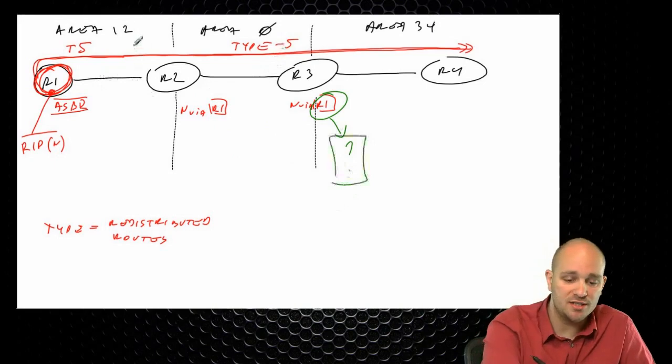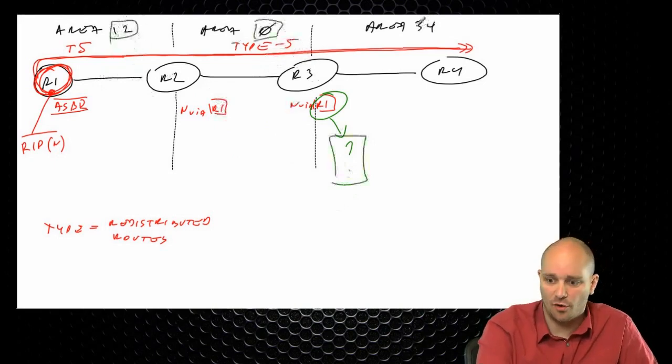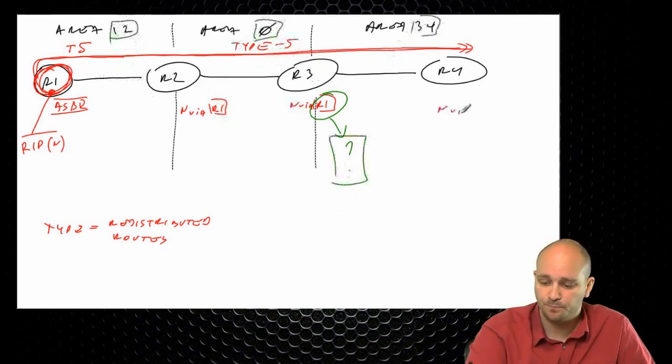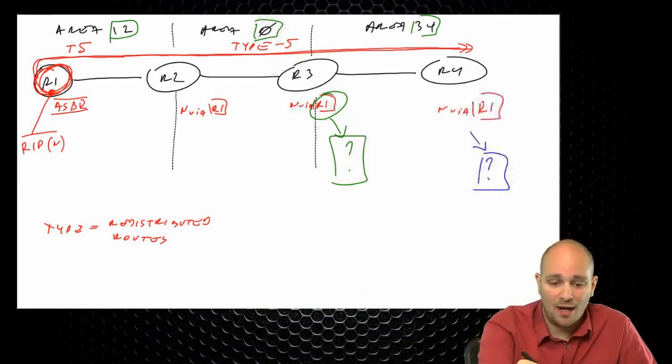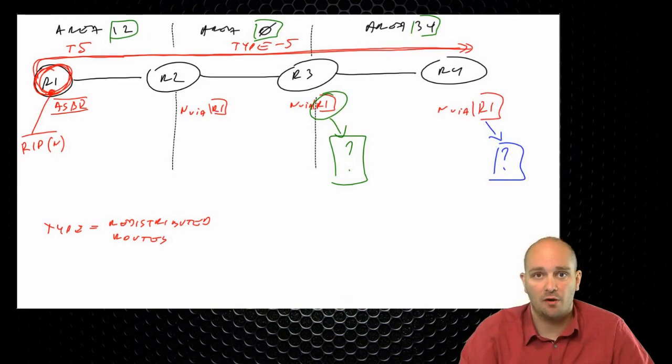Because R1 sits in area 12, and R3 is in area 0 and in area 34. Now, the same problem exists on R4. R4 doesn't know who R1 is. Why? Because it's in a totally different area than R1.